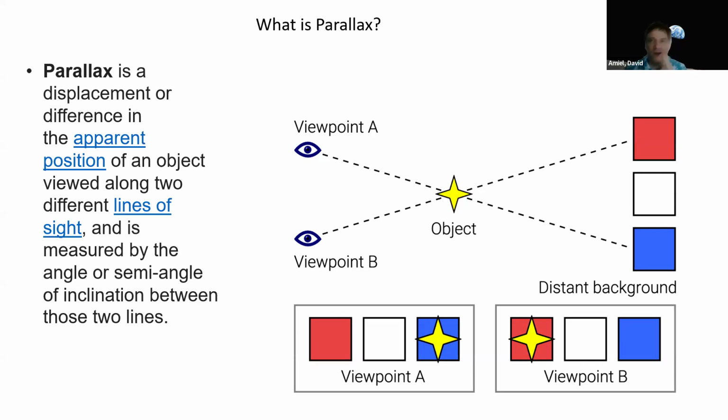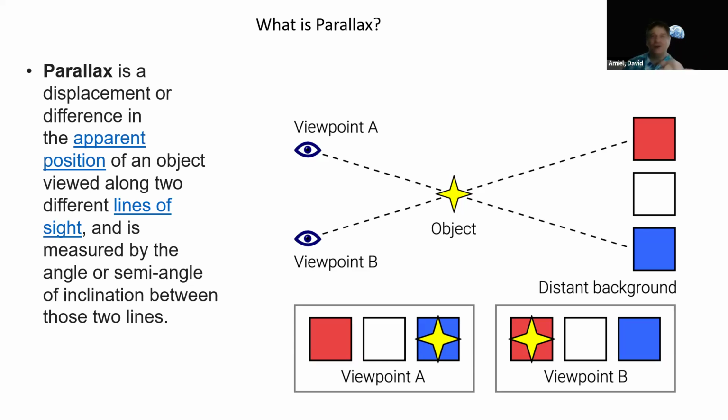One more point about this index finger exercise is it tells you something very interesting, which is now do the same thing, but moving your finger further away. Close one eye, look at your index finger, open that one, close the other one, and do that fast. And you should observe that your index finger does not appear to move as much.